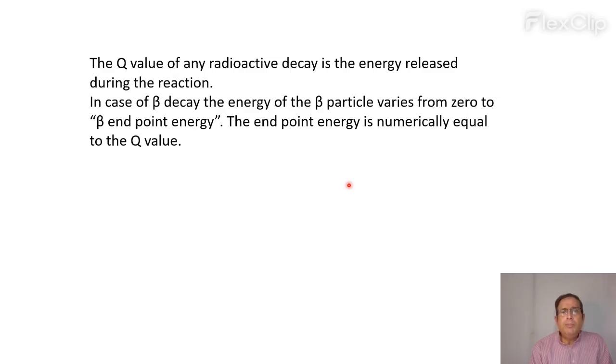It starts from 0. Some of the beta particles have almost negligible energy, and some of them have a very high energy, up to the beta endpoint energy. So the endpoint energy is numerically equal to the Q value. But not all the beta particles have that energy. So the energy released by the nucleus goes into something else as well.